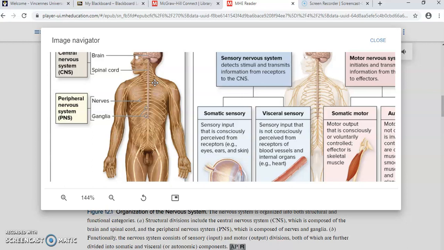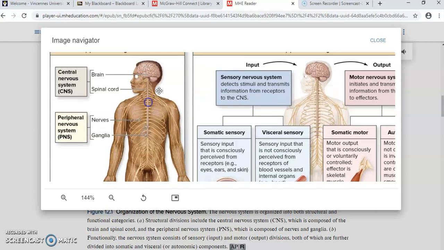So that's what the brain and spinal cord, which are part of the central nervous system, do: their primary role is to process and evaluate all this information coming in from the receptors and decide what the best response, if any, needs to be done. So that's our second primary function of the nervous system.